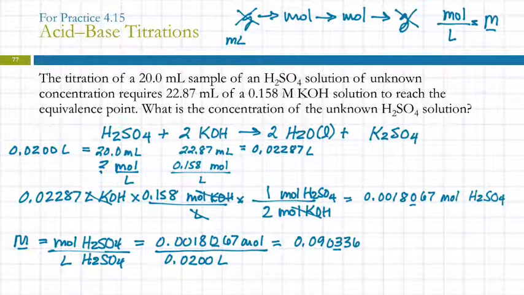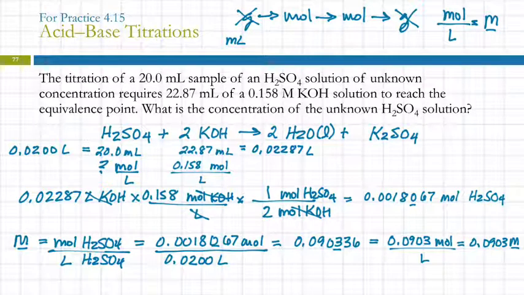So there's my number. Should have 3 sig figs. So when I round it, it should be 0.0903 moles per liter, or 0.0903 capital M.